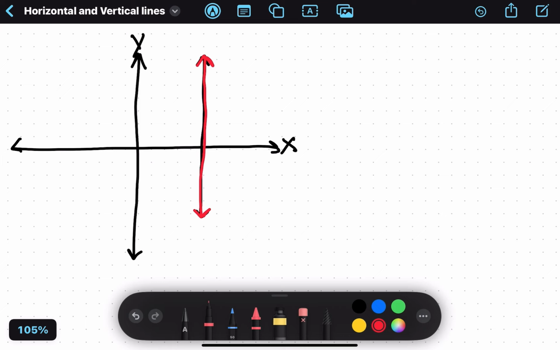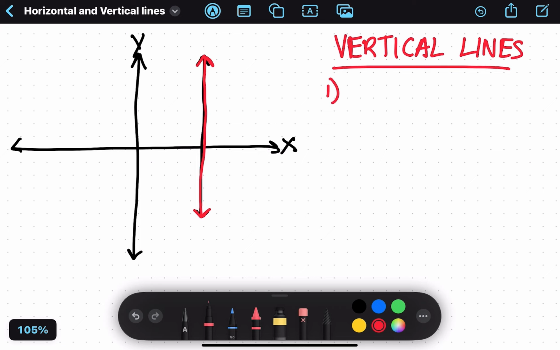Okay, so here are a few rules you must know about vertical lines. First, their x is constant.